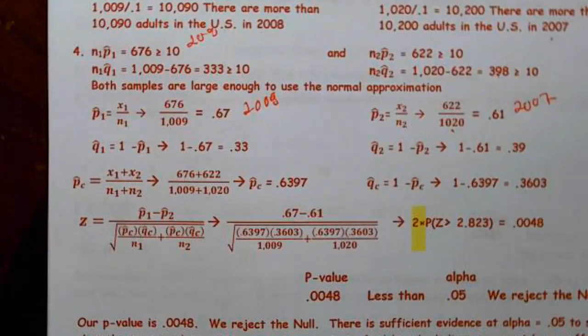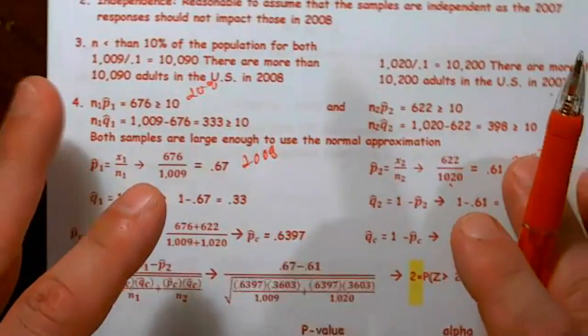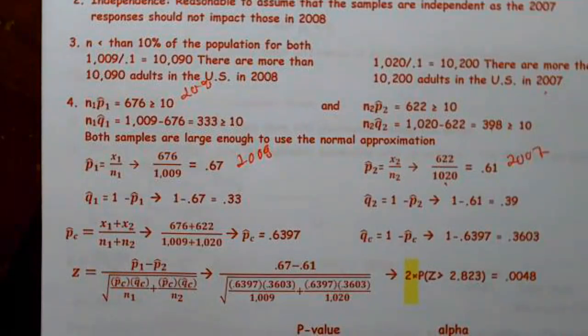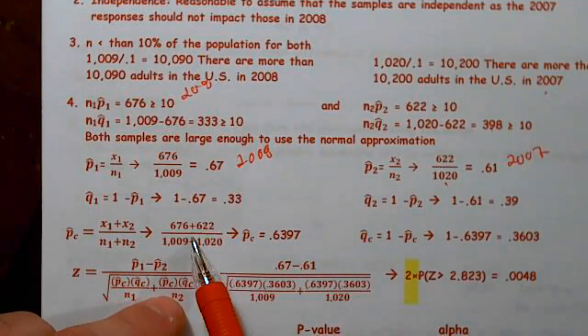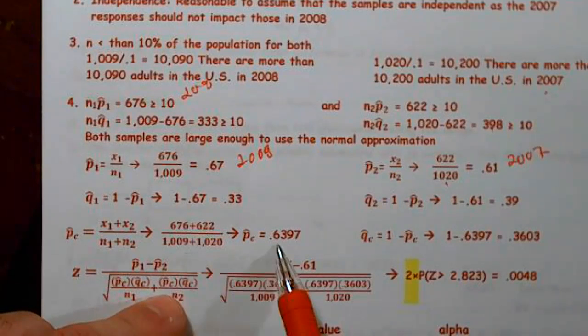And the reason you do that is because the claim here is they were equal. And so because they're equal, we go, hey, if we combine the proportions together, we'll have a better estimate. So when I combine 2008 with 2007, I end up getting a combined proportion of 0.6397.